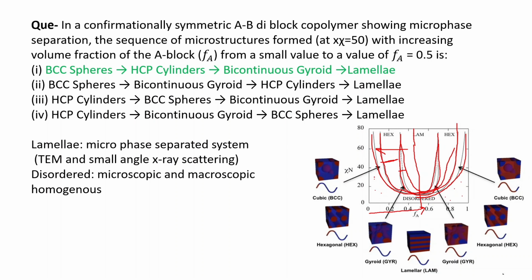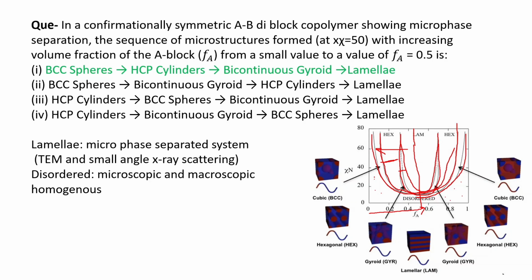With the help of transmission electron microscopy and small angle X-ray scattering, when we see at the micro level, we can see that there is a phase separation: one layer is there, then the second layer is of the other polymer, then again there is a layer of the first polymer.